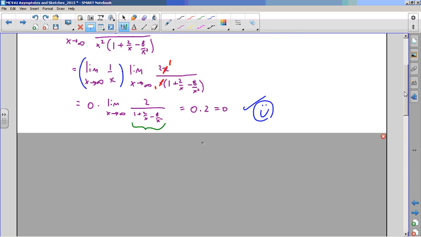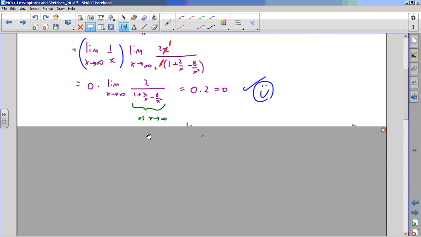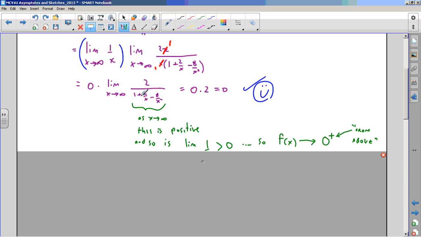One little thing that I want to mention here, when x goes to infinity, this thing on the bottom is positive. So I've got 2 divided by a positive number. Well, how do I know it's positive? Well, that's 0. And this is pretty close to 0. It's negative, but certainly these things are very small compared to 1. So essentially I have 2 divided by 1, so this is a positive number.